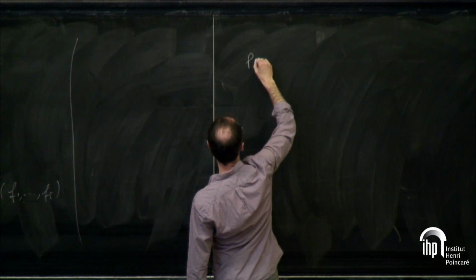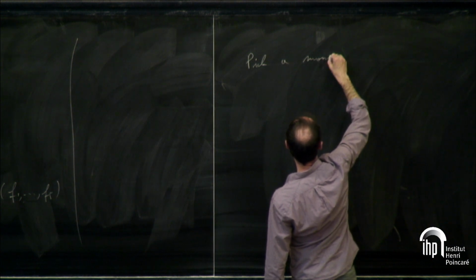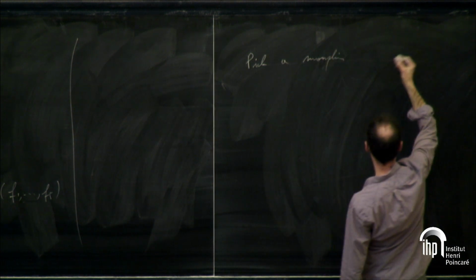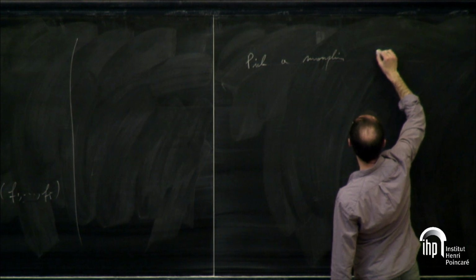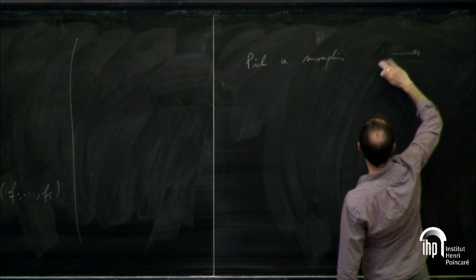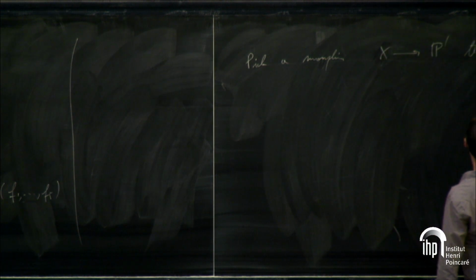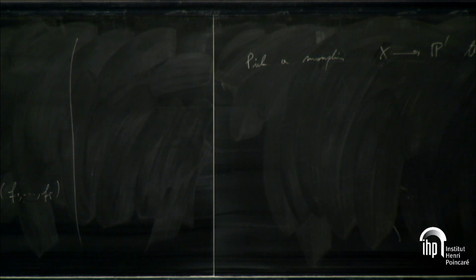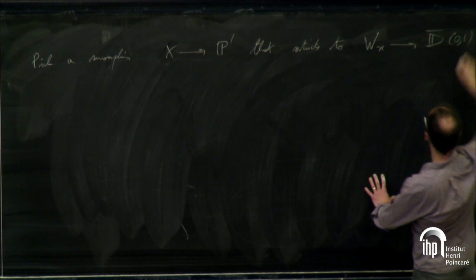So now you pick a morphism from x to P1 that restricts to some map that sends Wx to the closed disk of center 0 radius 1.